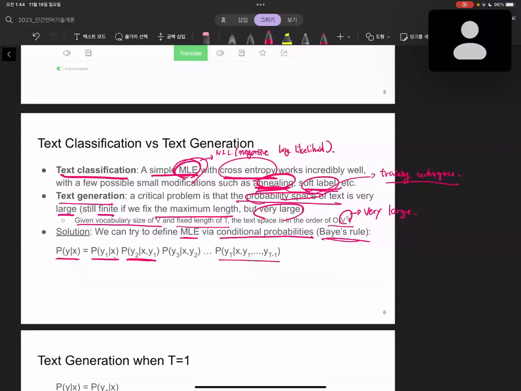This is the Bayes rule. It is an equivalence, not an approximation. They are the same. And computing each probability is much easier than computing P of y given x.